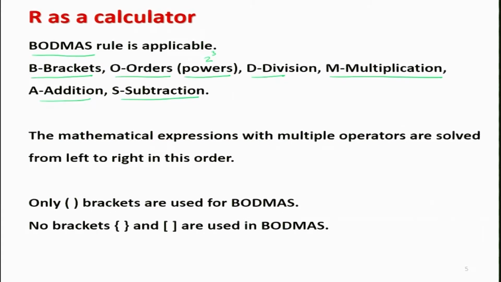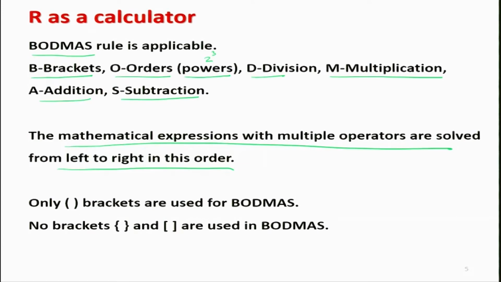And the mathematical operations with multiple operators are solved from left to right in this order. That is the same thing which you have learned in your elementary classes, so there is nothing new for you to learn. The only thing you have to understand is how you are going to execute it on the R console. The only difference between the usual mathematical operations and the R software is that only this parenthesis, this type of brackets, are used in the mathematical operations in R, including in BODMAS.